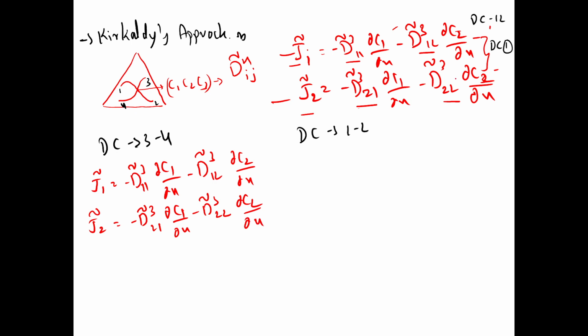So you'll get two equations here and two equations here: four unknowns, four equations, sufficient for determining these values.